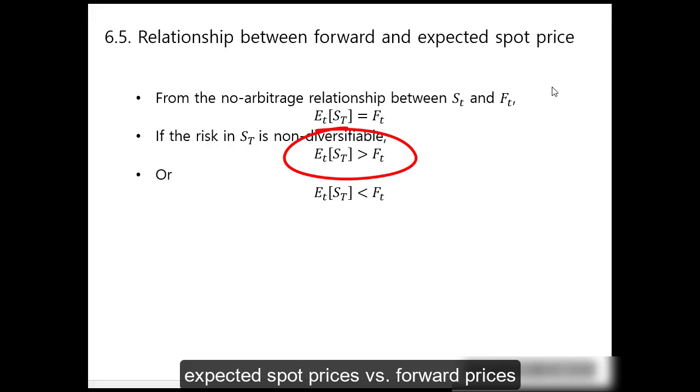If you see that gold futures price is 120, it doesn't mean that people expect the spot gold price to be 120 in the future. They will probably expect a higher amount than what you see from forward price or futures price. This is the most typical situation when the underlying asset is a financial asset.